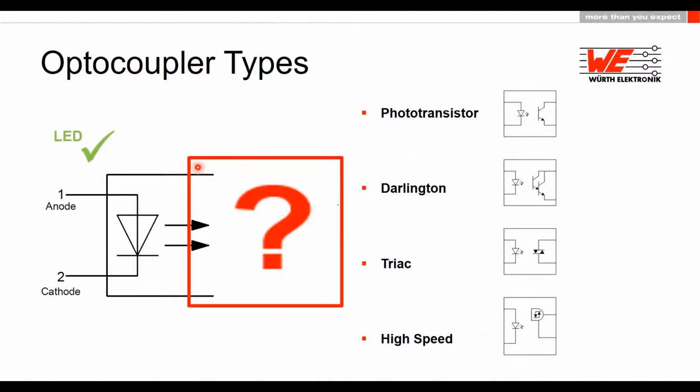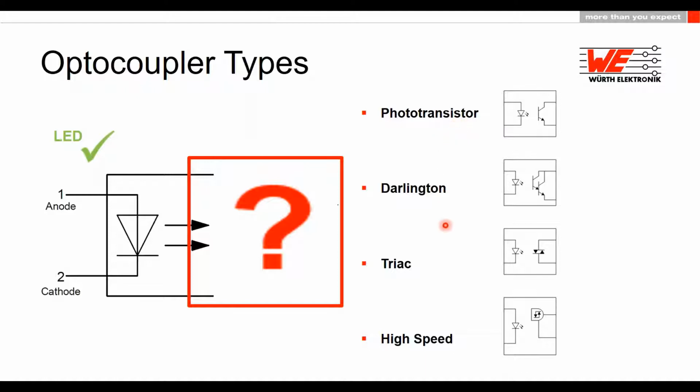In general, we can say that an optocoupler consists of an infrared LED. You can see it here on the input side. And on the output side, you have many possibilities, and accordingly, these types are named. So if we have a phototransistor on our output side, the optocoupler is called optocoupler phototransistor.